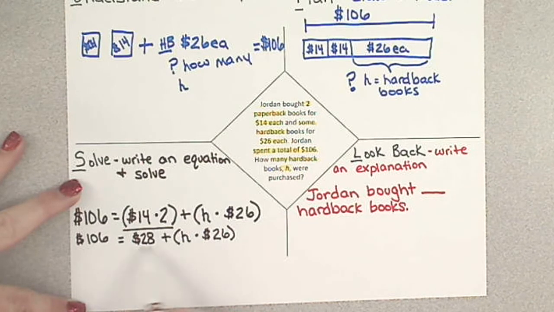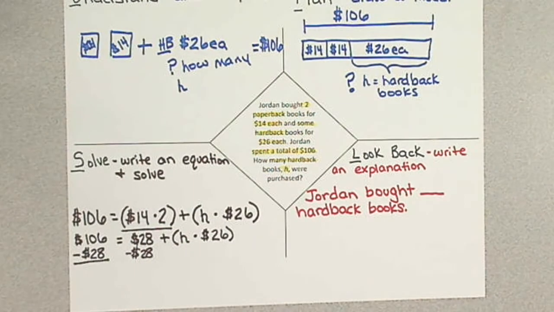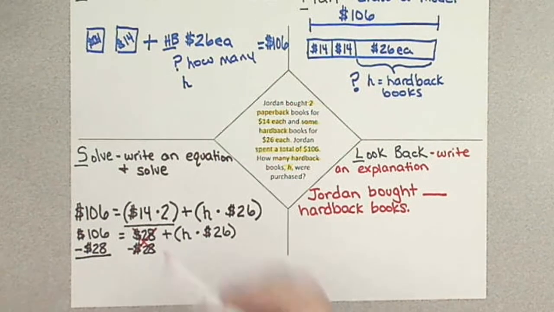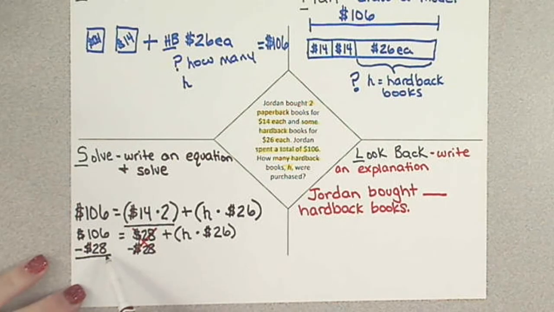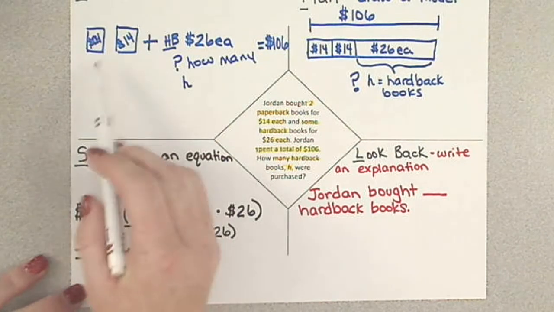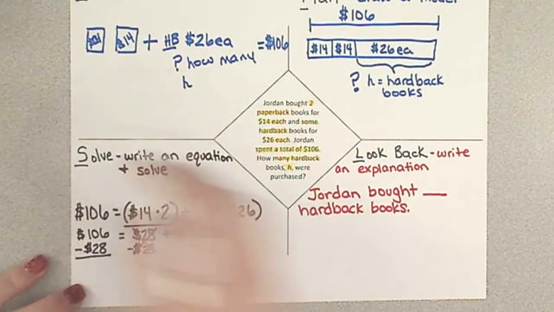So if I subtract 28 from this side, I'm also going to take away $28 from this side. So this is now gone, cancels out, and I need to subtract 106 minus 28, because I'm going to take away the value of the 2 paperback books from the total.